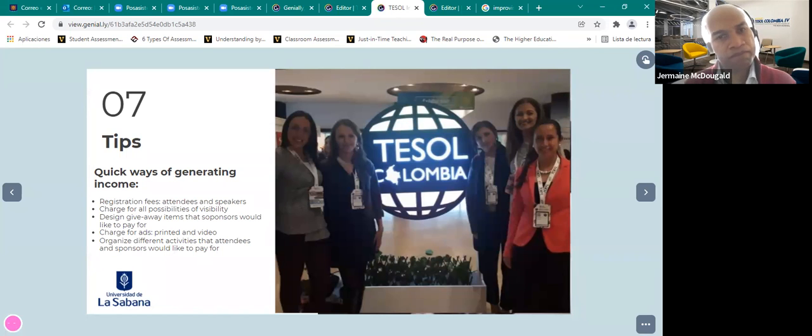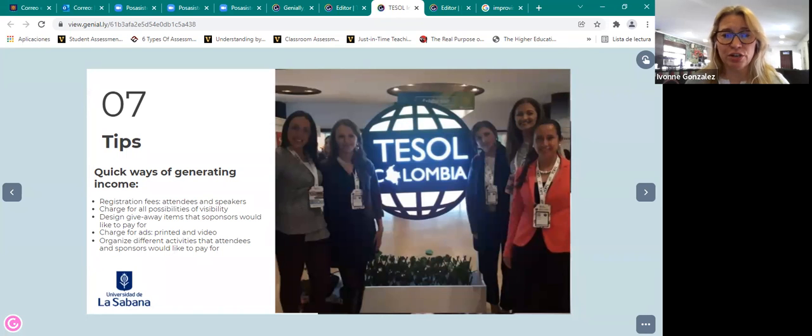Yeah. Okay. There's another tip that I can give you, and it is related to how well positioned your association is and how organized your website is. If you have a great web page, and even if you have a journal or a sort of publication, you can charge for having a spot on the website. For example, you can have spots for ads and you can sell that.